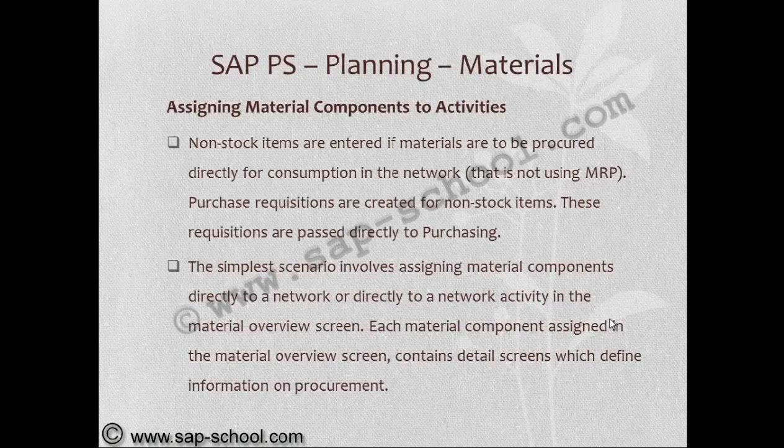The simplest scenario involves assigning material components directly to a network activity in the material overview screen. Each material component assigned in the material overview screen contains detail screens which define information on procurement.